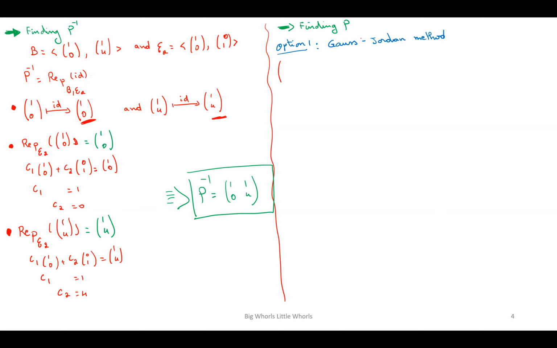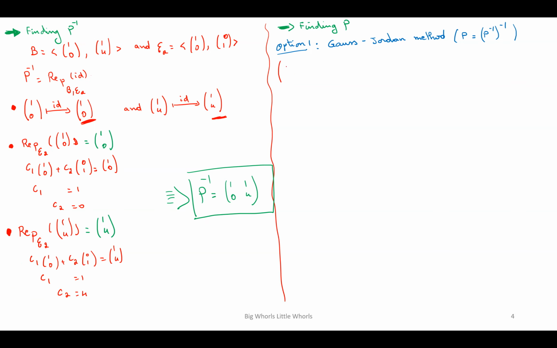We write P inverse because, why are we going to use Gauss-Jordan? Because P is equal to the inverse of the inverse of P. So we have P inverse already. If we invert P inverse, we will get P. Okay, so we know how to find the inverse of a square matrix, of course.